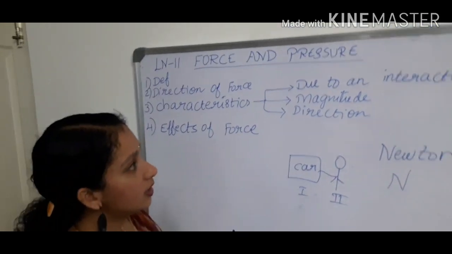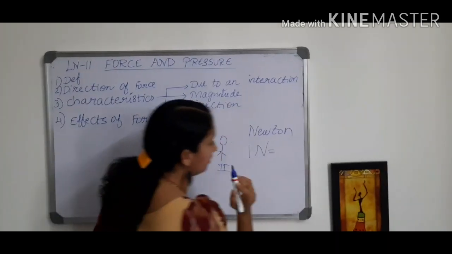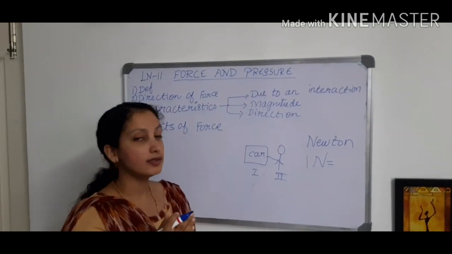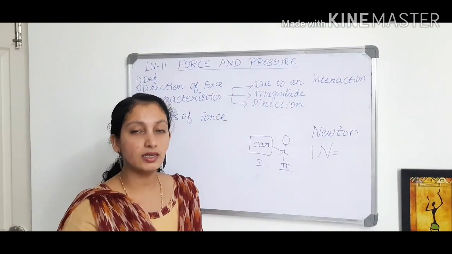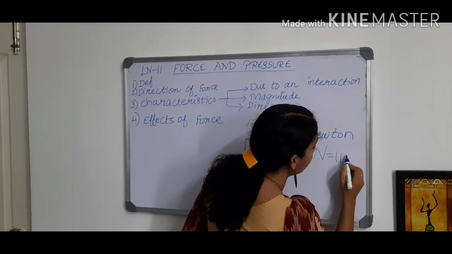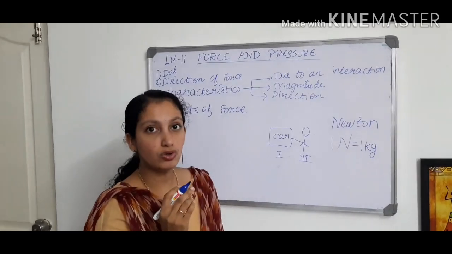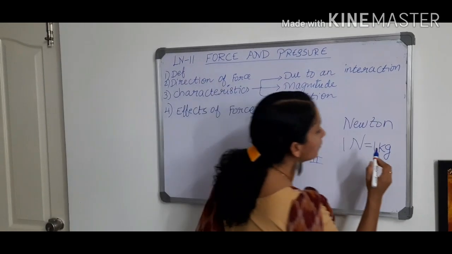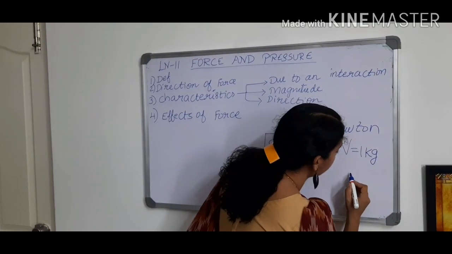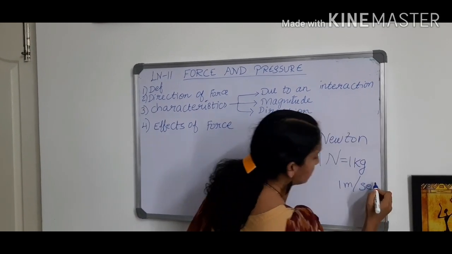So how can you define 1 Newton? What is 1 Newton? 1 Newton is the force which is applied to move an object having a mass of 1 kilogram at a speed of 1 meter per second.